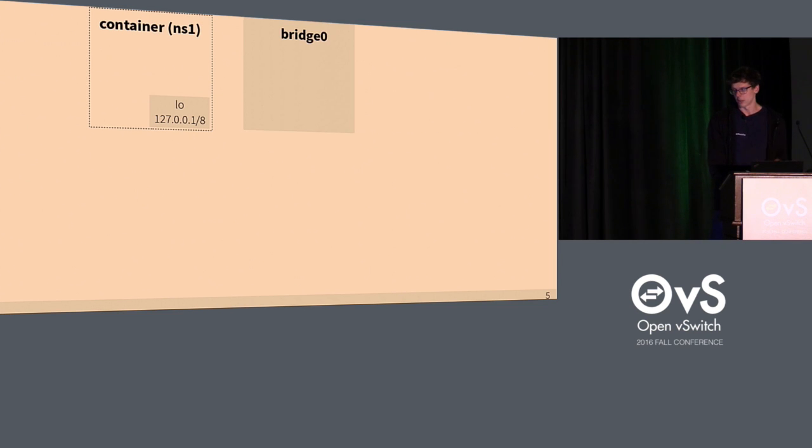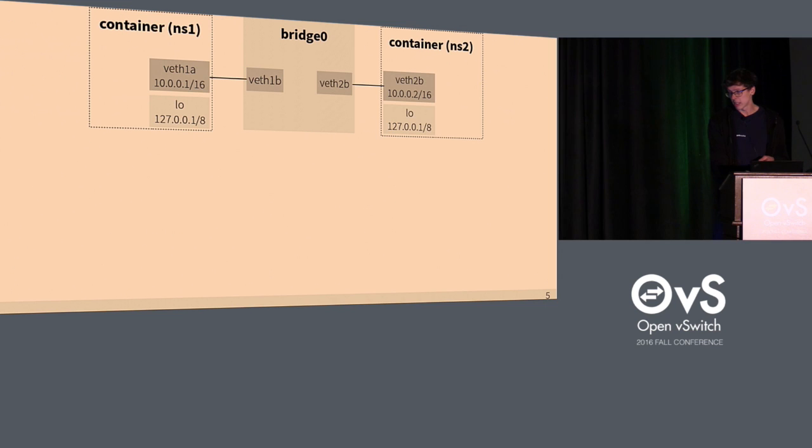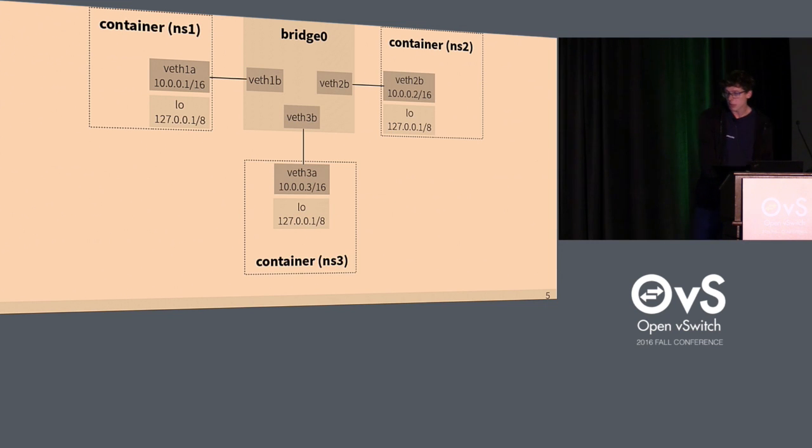In Linux, the standard way is to create an L2 Ethernet bridge and to use virtual Ethernet pairs. So what we do is basically we attach one end of a virtual Ethernet pair to the bridge, and the other end we move to the container's network namespace.